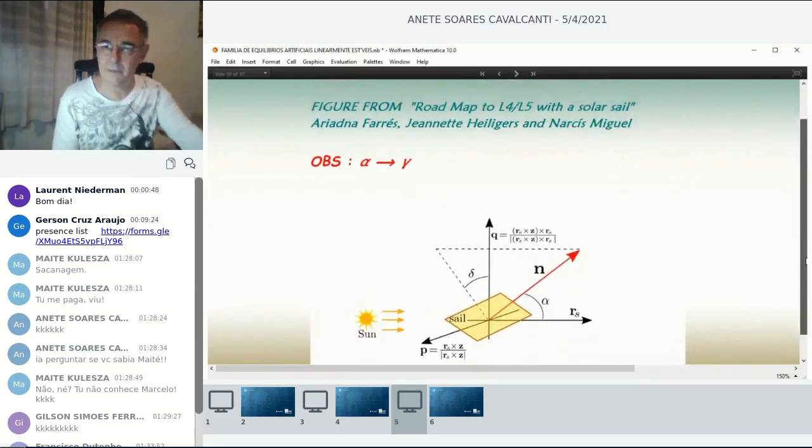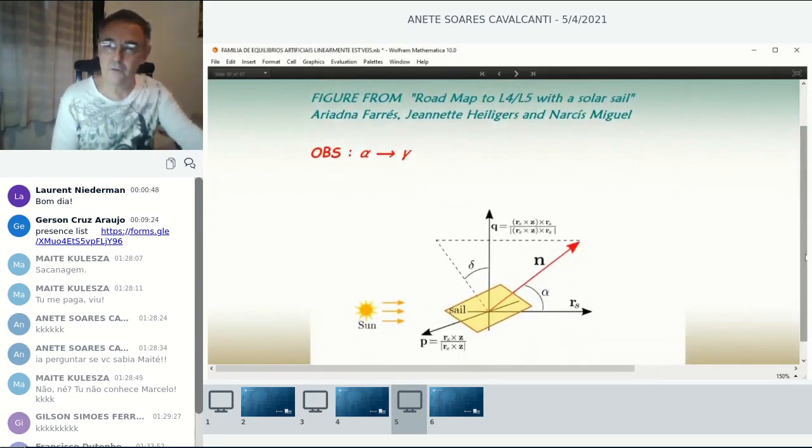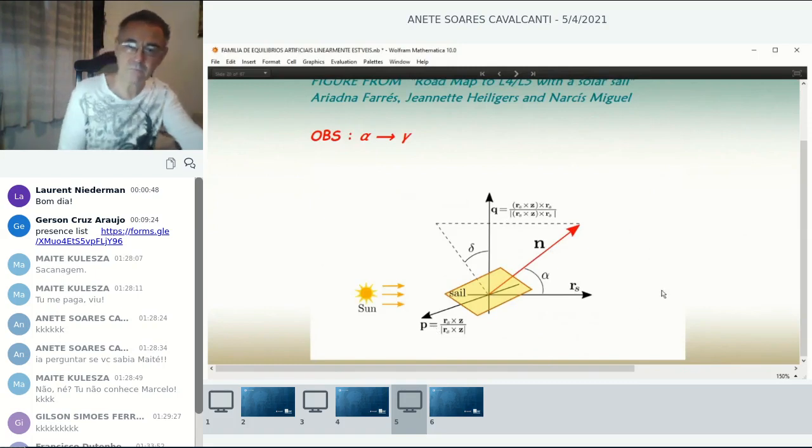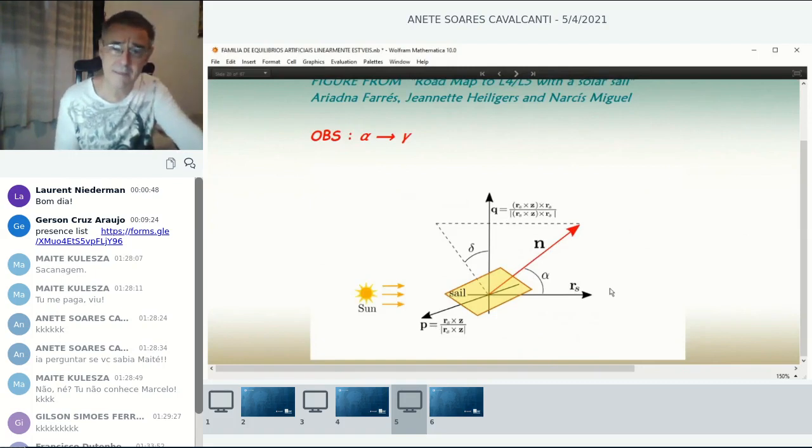We have a better drawing here, borrowed from the work of Ariadna, Janet Hiller, and Narcis Miguel. The sun is here, so the sun-sail direction is horizontal here. We have the normal vector to the sail, and we have the Q and P given by these expressions, forming an orthonormal system of reference.